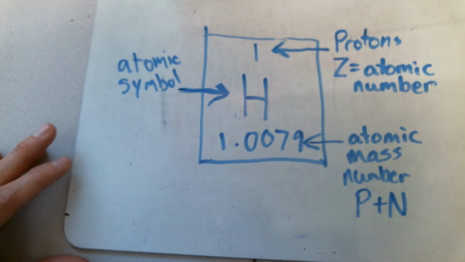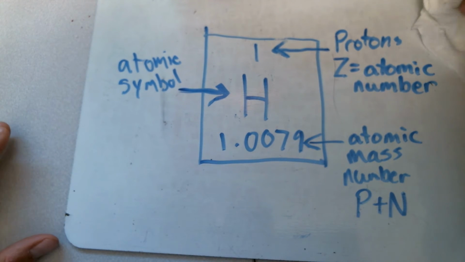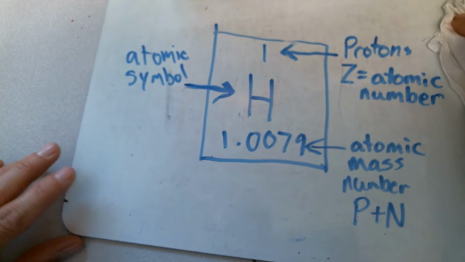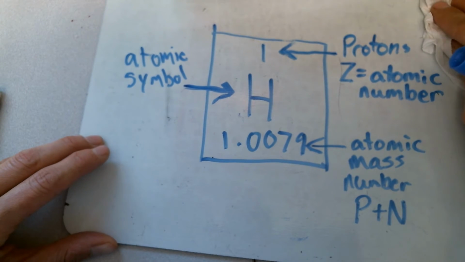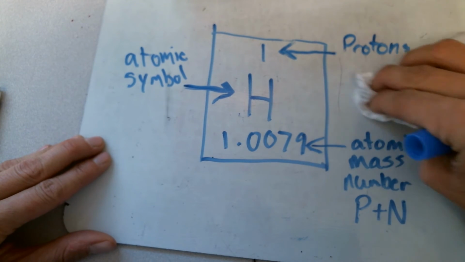And we say the protons plus the neutrons because the electrons don't really have a lot of weight. Okay, so this is the protons plus the neutrons. So for our purposes right now, we're going to practice, we're going to learn how to figure out how many protons, neutrons, and electrons are in an atom based on this.